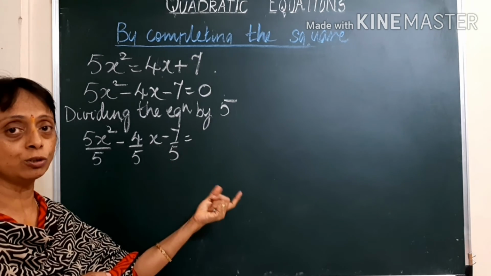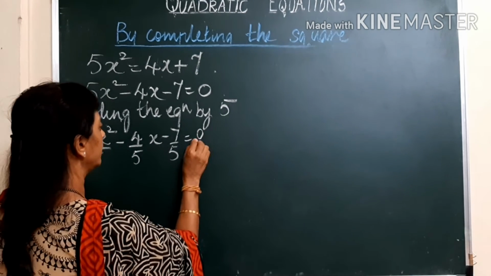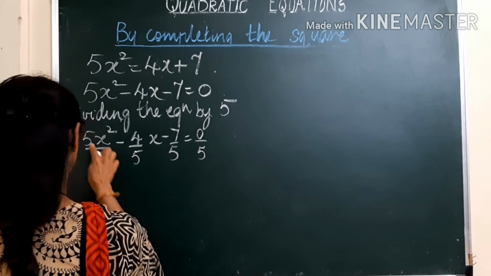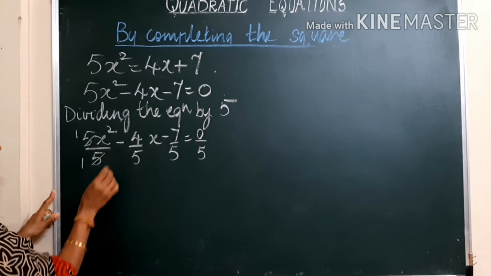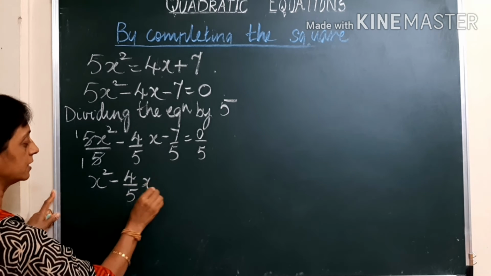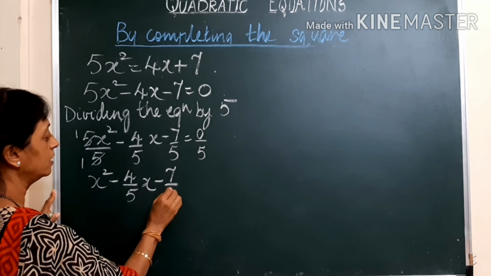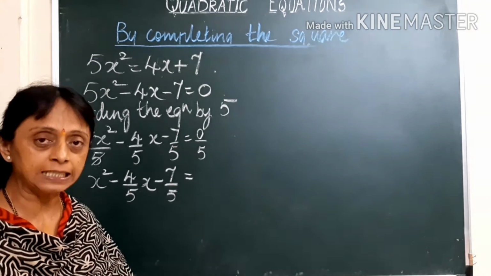In an equation, you know, whatever you do on the left hand side should also be done on the right hand side. What will happen over here? Reduce. 5 ones are 5, 5 ones are 5. What are you left with? x squared minus 4 upon 5x minus 7 upon 5, which is equal to 0 divided by any number is always 0.